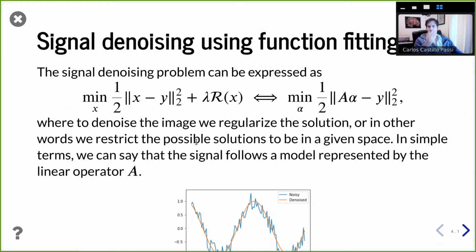So here I'm saying exactly the same, but a very interesting thing is when our vectors are not only vectors, but they represent a signal. For example, here I have a noisy signal in blue that is represented by a vector of n dimensions, and we want to denoise this signal.